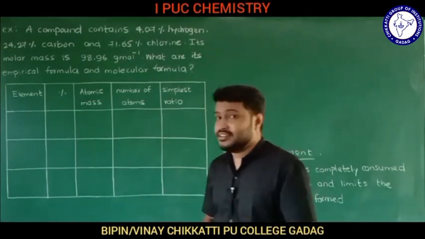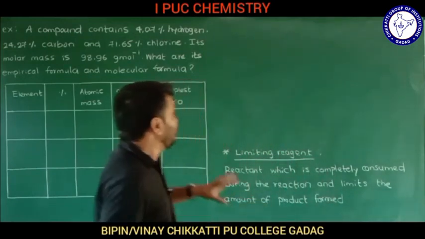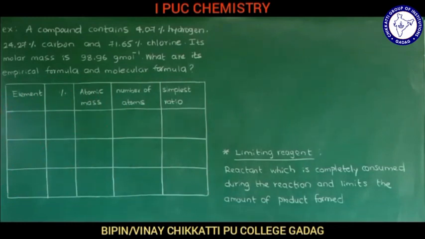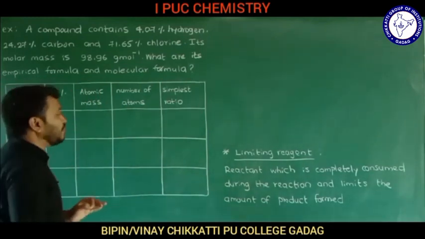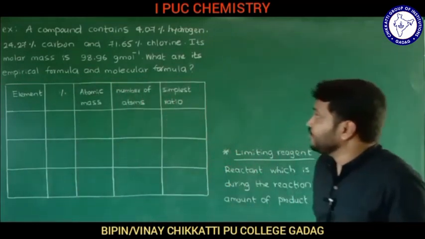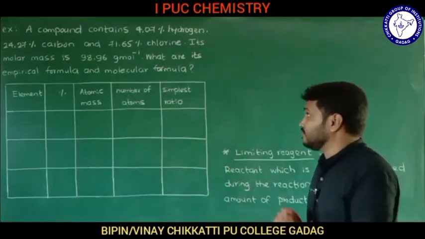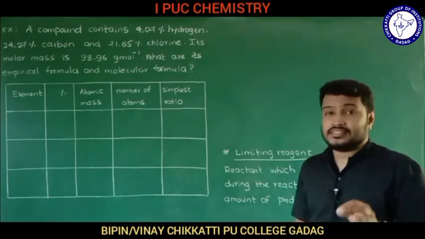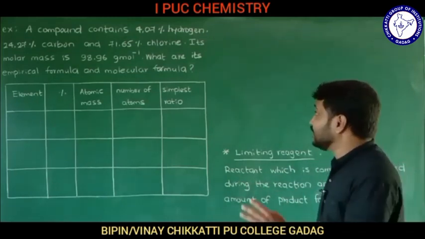So here I considered one NCERT example. Let me read the example. A compound contains 4.07% hydrogen, 24.27% carbon and 71.65% chlorine.